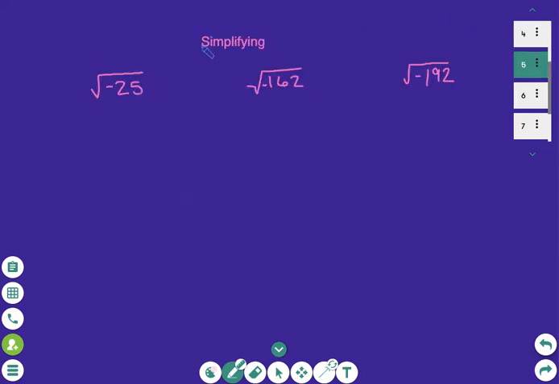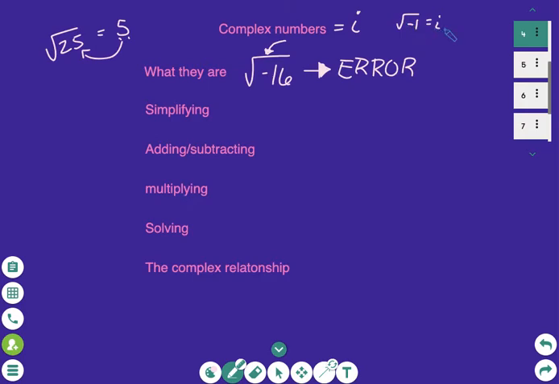So let's look at some simplifying. When we're simplifying a square root, there's a lot of different ways to do this. This is my personal favorite. I like to split the number into 2 different pieces, especially when I'm dealing with a negative square root. I split it into a piece of negative 1 times the positive version of whatever number I'm talking about. So in this case, 25. So according to our rule, the square root of negative 1 is i.